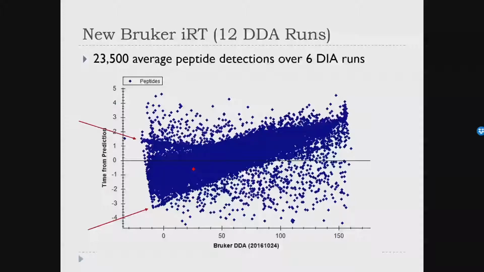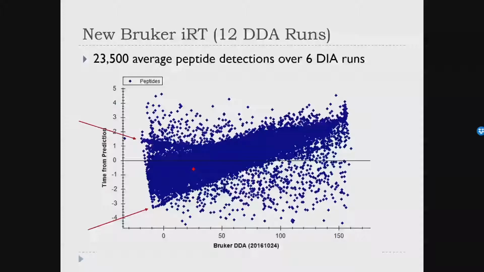So it turned out that this was, I think maybe 6 runs, and we were aligning every run based on the IRT peptides in the run. The IRT peptides themselves turned out not to be the most stable way to align these things, and these are peptides that are only found in one run.